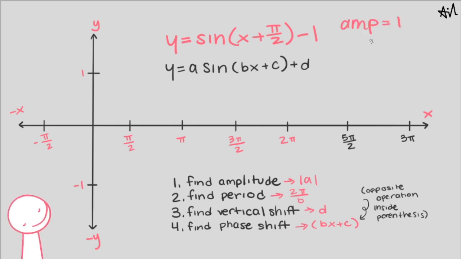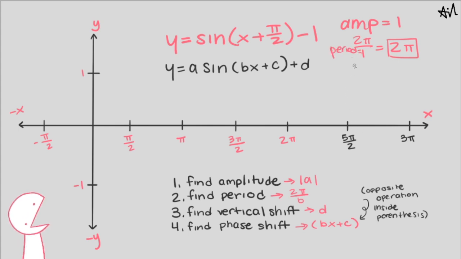Period. We can check out the period by substituting b into 2 pi over b, but since there is no b, it just becomes 1, which is 2 pi. This is your new period.